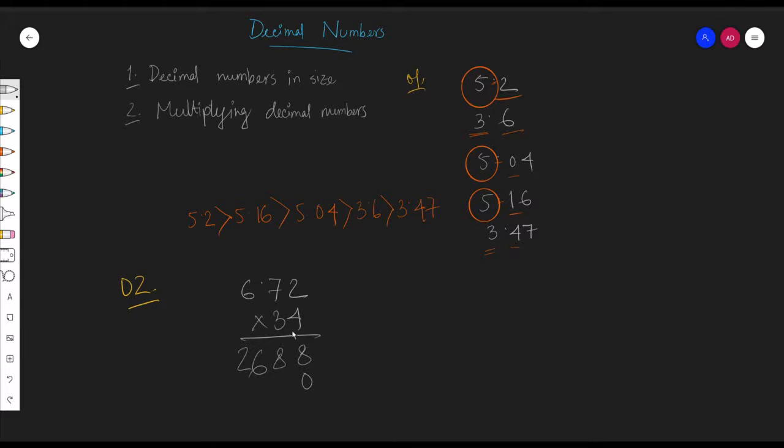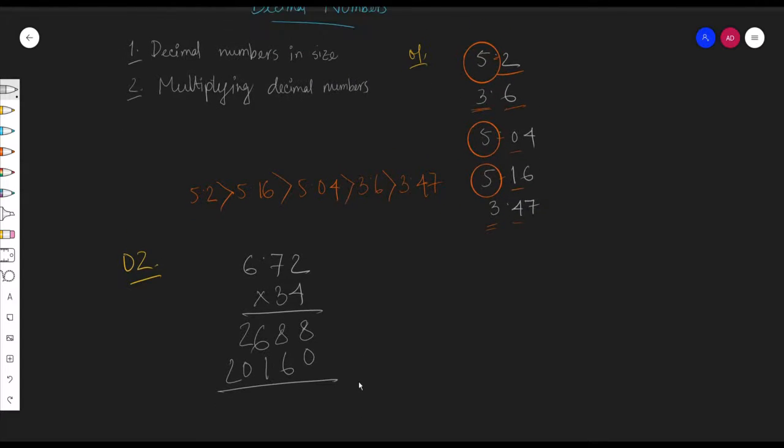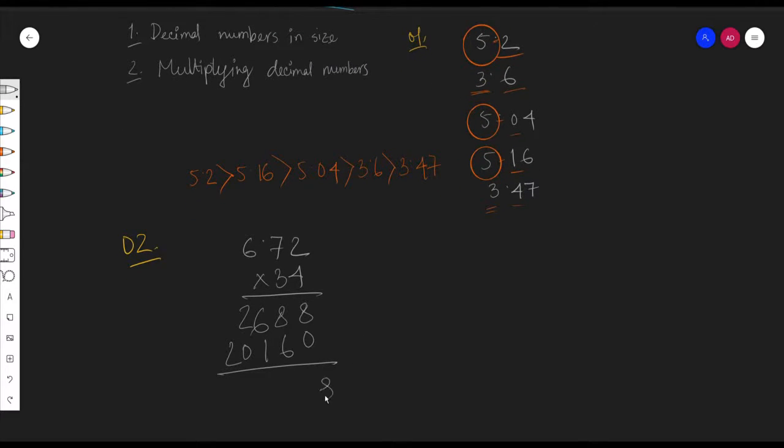Okay, 0 comes here. 3 2s are 6, 3 7s are 21, I have 2 in hand, 3 6s are 18, 18 and 2 is 20. So the result is 8; 6 and 8 add to 14, 1 in hand; 6 and 7 and 1 is 8; 8 and 0, 2 comes 2.